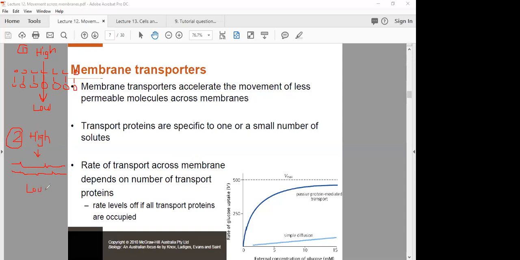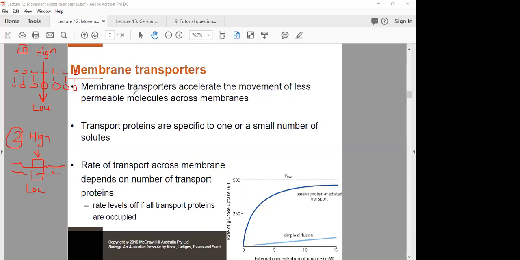But this time, this process involves the use of transmembrane proteins. So it's actually referred to as facilitated passive diffusion, because that diffusion across the membrane employs membrane transport proteins, membrane transporters.